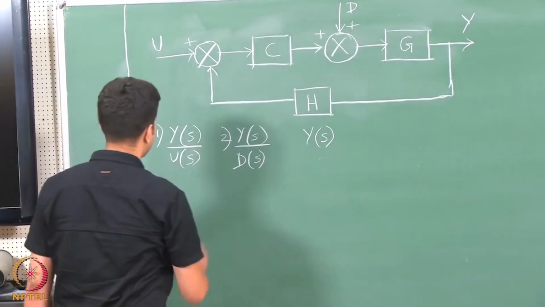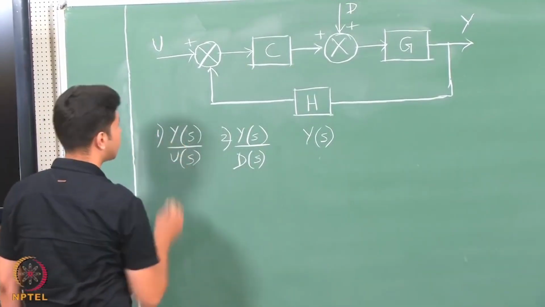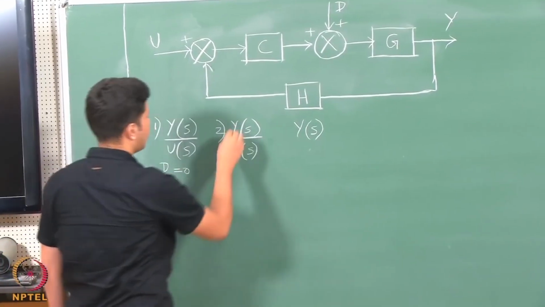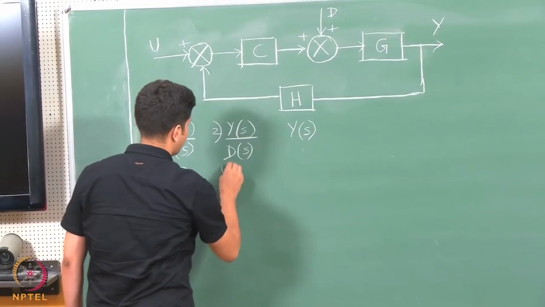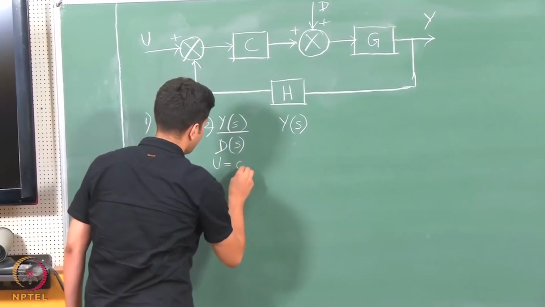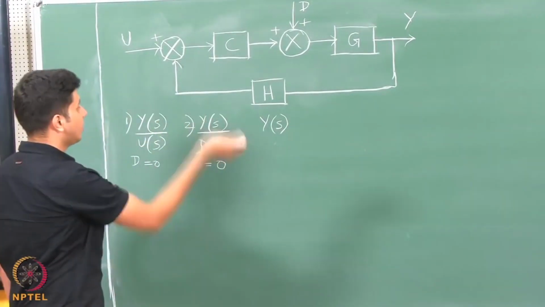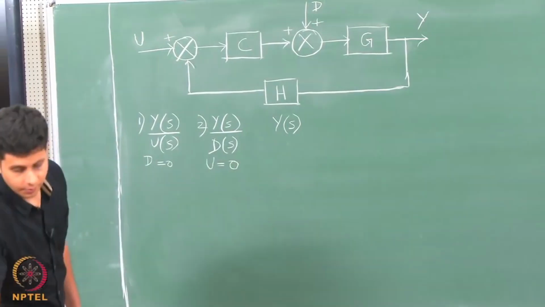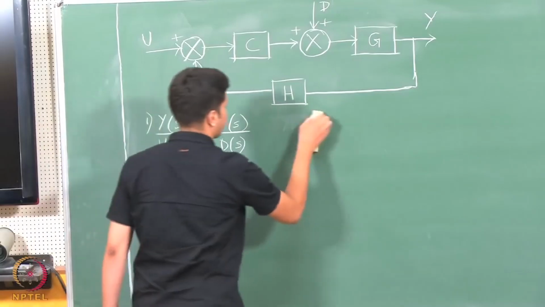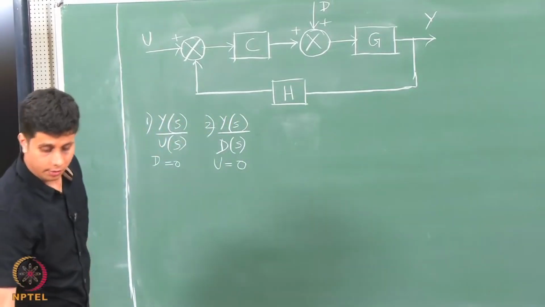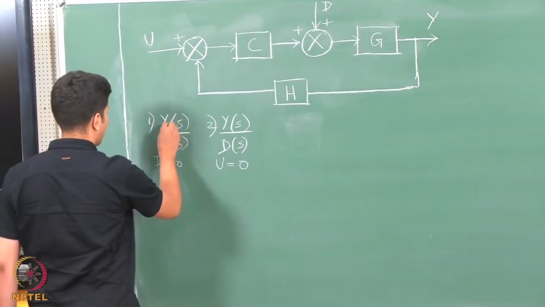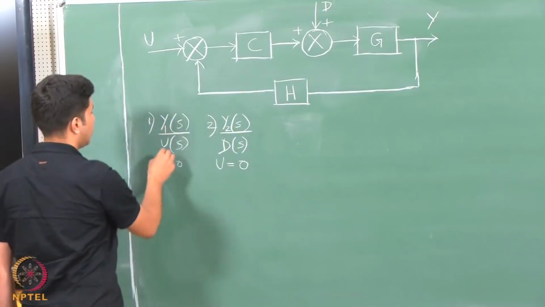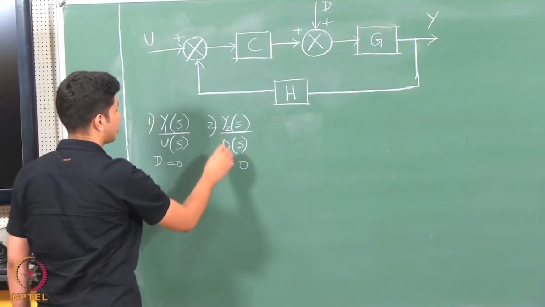So, while finding out this transfer function, we will make d 0, and while finding out this transfer function, we will make u 0, and then finally we will try to find out the overall transfer function using superposition. As these are parts, I will call them y1 and y2. So, y1 is the response when u alone is acting, and y2 is the response when d alone is acting.